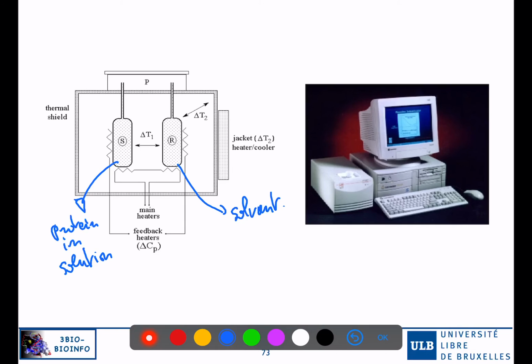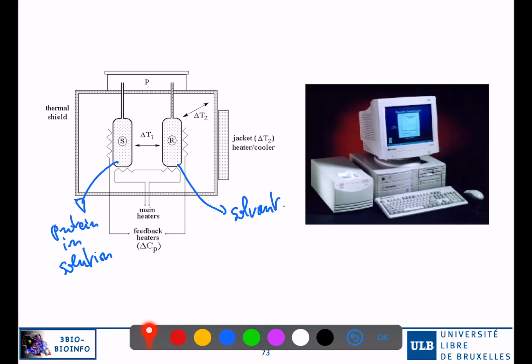What is important is that, again, in the two cells, you must have exactly the same pH and so on. And the difference is that in the cell on the left, you have only the protein in solution, and on the right, in the reference cell, you have only the solvent without the protein.